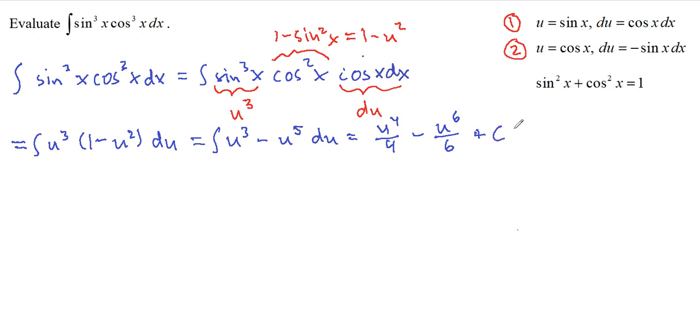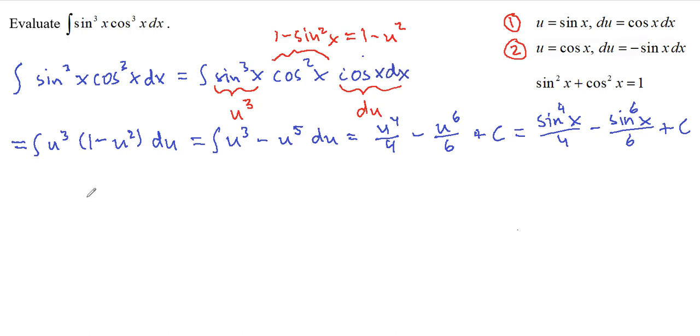Next, we write our answer back in terms of sine of x, and so this becomes sine x to the power of 4 over 4 minus sine x to the power of 6 over 6 plus c.